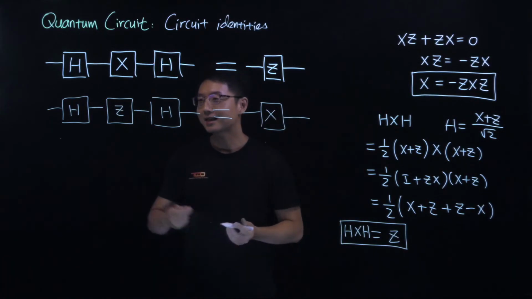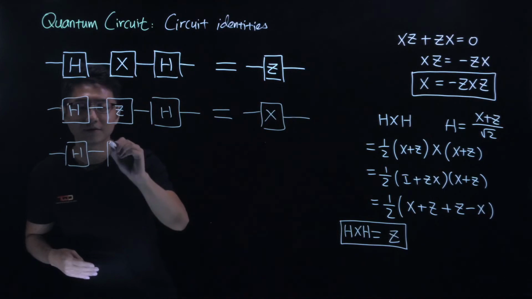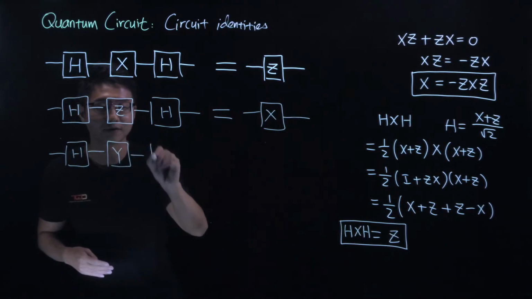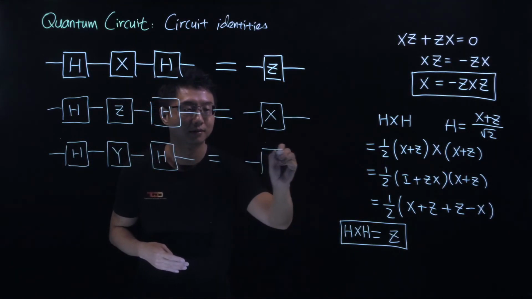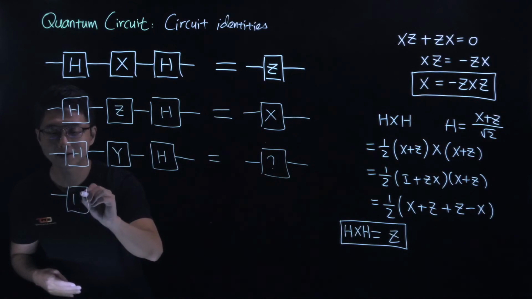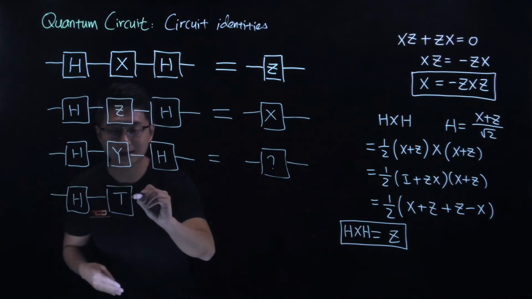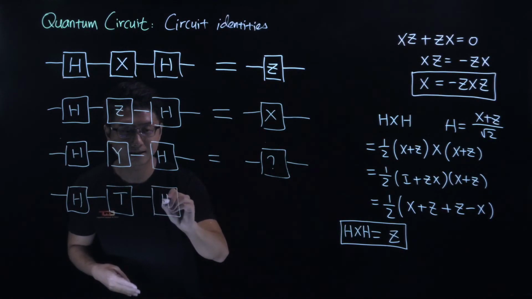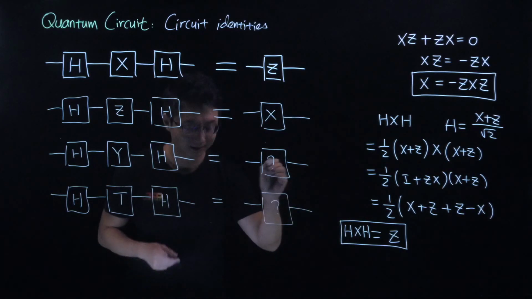As an exercise, I invite you to try, what if you have a Hadamard followed by the Y gate and followed by the Hadamard? And if you have a Hadamard followed by the T gate, the pi over 8 phase gate, and another Hadamard gate, this is equivalent to which gate?